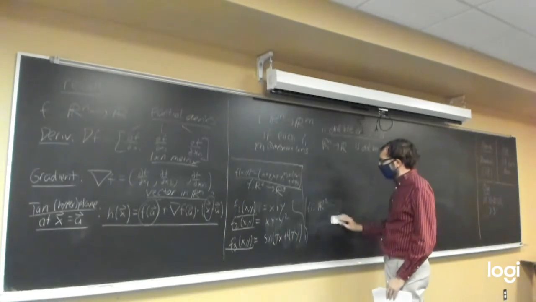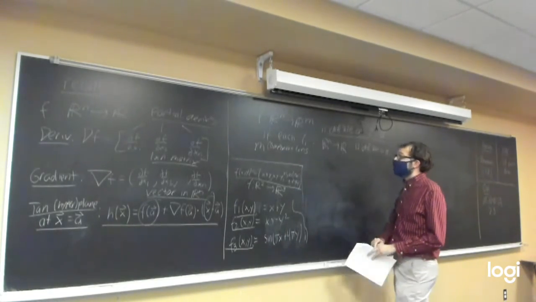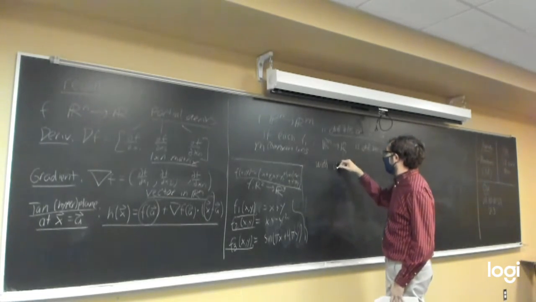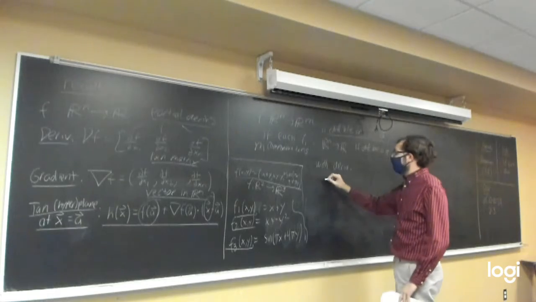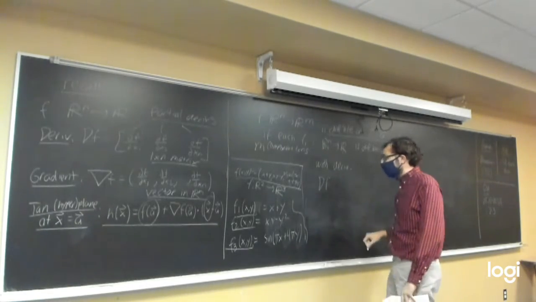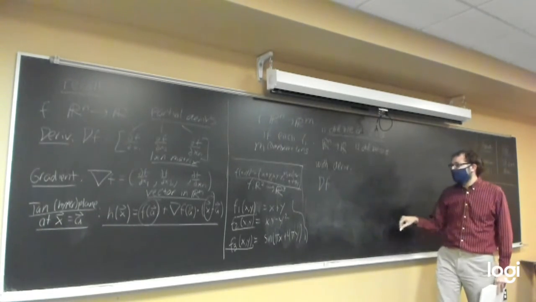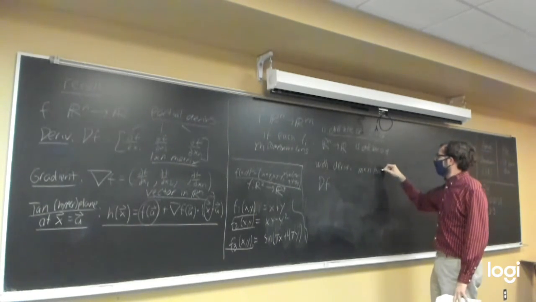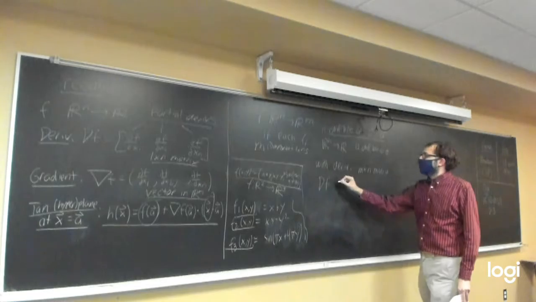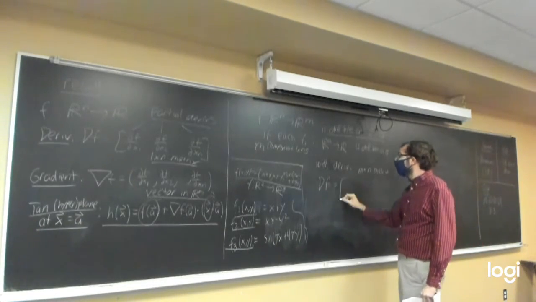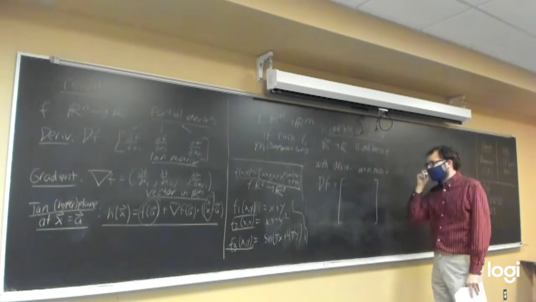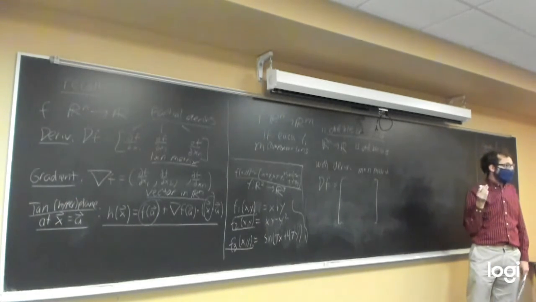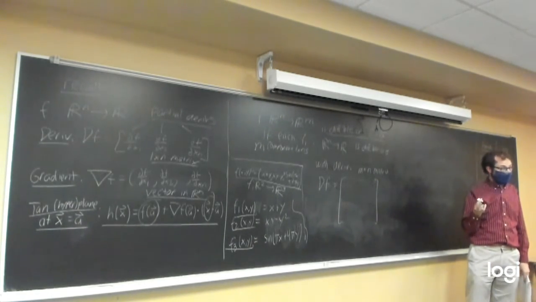So, what's the derivative going to look like? Well, the derivative of a function from Rn to Rm is going to be a matrix, but this time it's going to be an m by n matrix. Each row of the matrix is going to be made up of all of the partial derivatives of a particular component function.